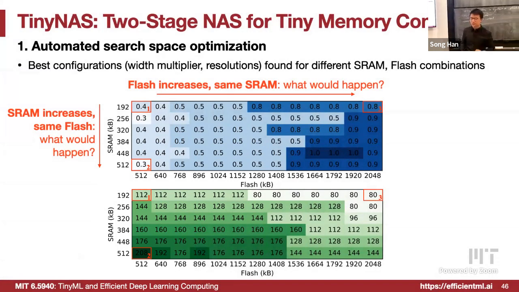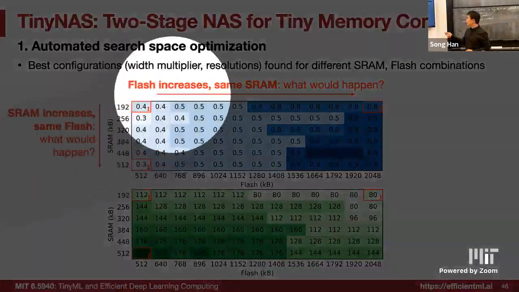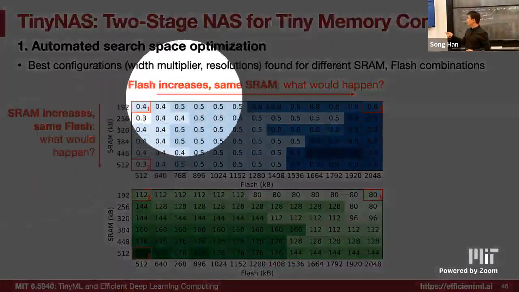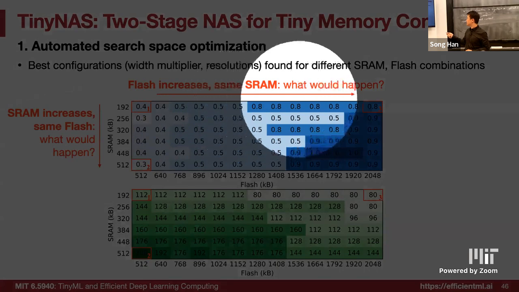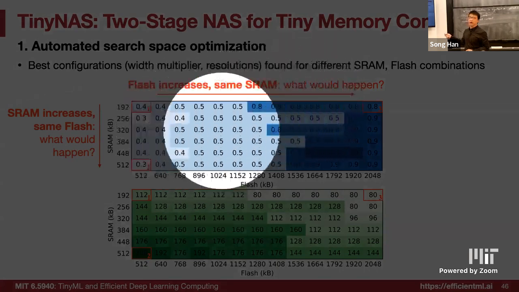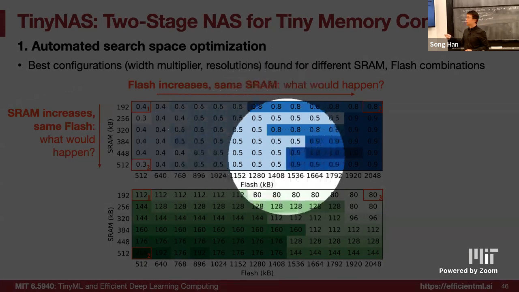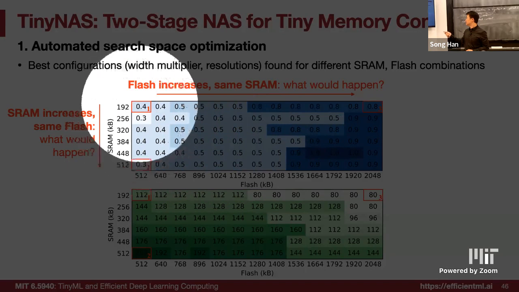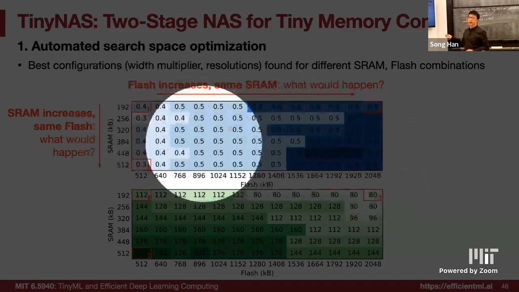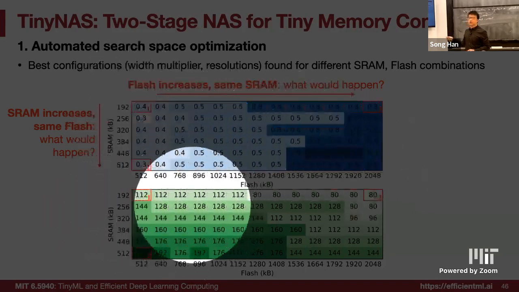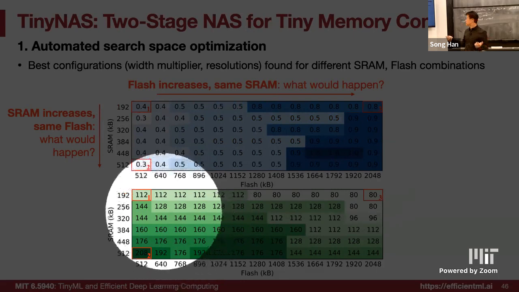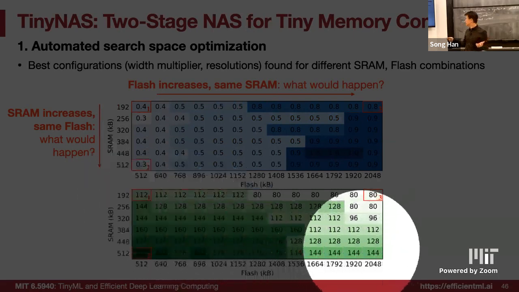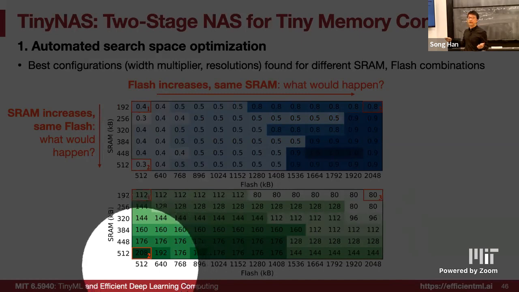We want to understand when the flash increases, but the SRAM size stays the same, what would happen to the width multiplier? The first blue figure is for the width multiplier from 0.4 to 0.9. And the second image is showing the resolution, where some are 112, some are 208.